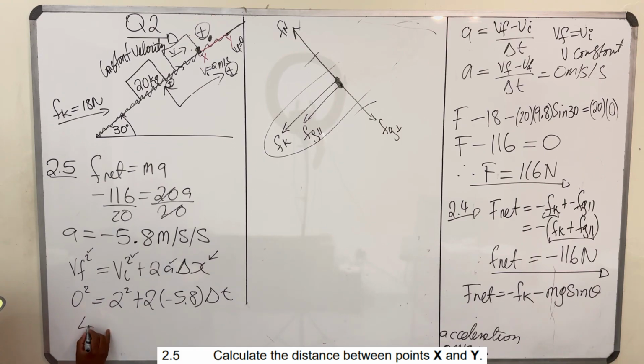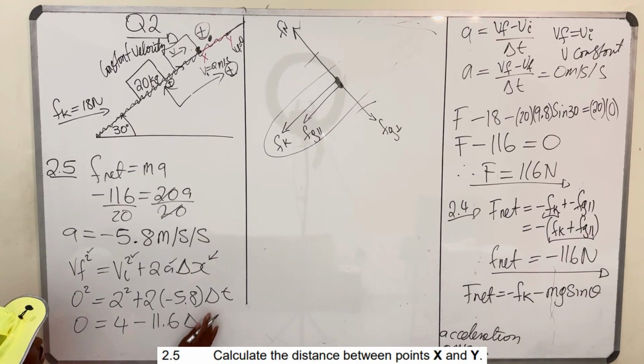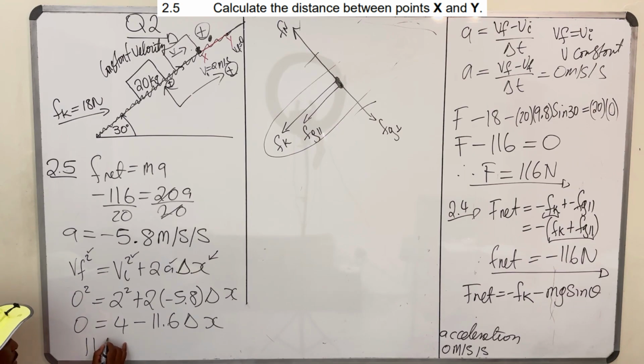So you get that 0 is equal to 4 minus 11.6 delta x. This is the displacement. Then transpose one of the two. 11.6 delta x is equal to 4. That's what we have.